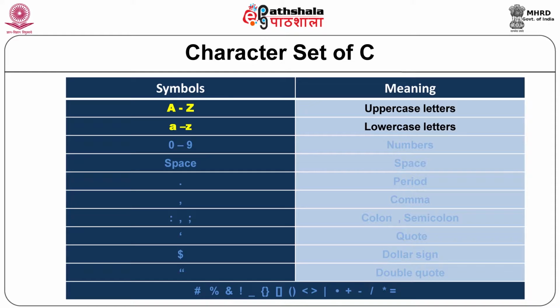The symbols A to Z are used for uppercase letters, small a to z for lowercase characters, 0 to 9 for numbers, and space, dot for period, comma, colon, semicolon, quote, dollar sign and double quote. These are the different characters of the C language.